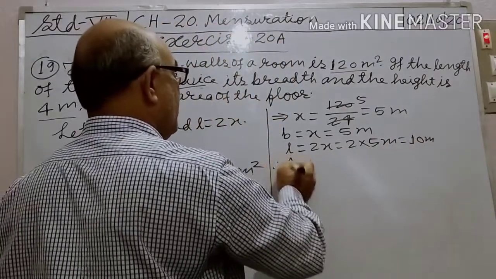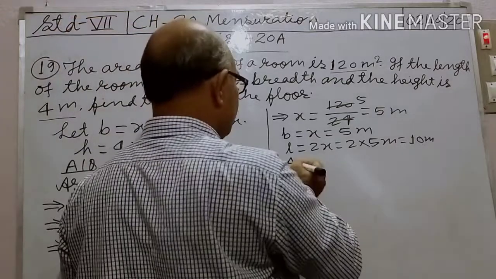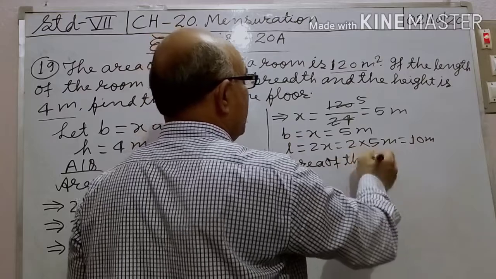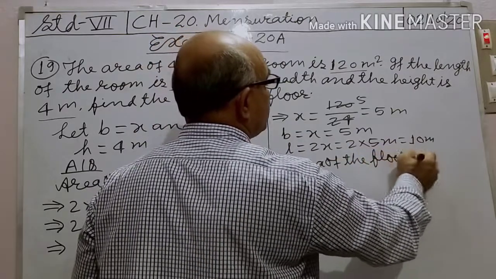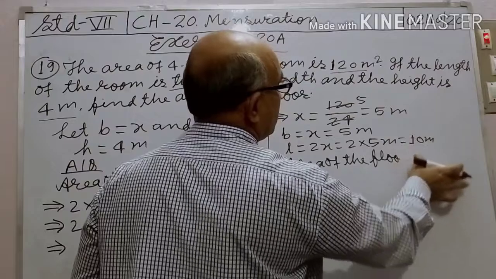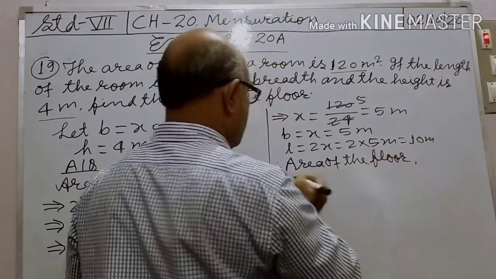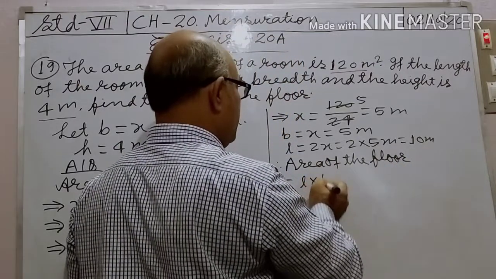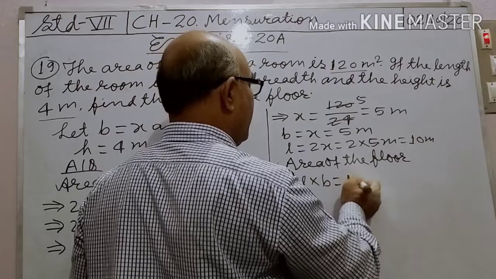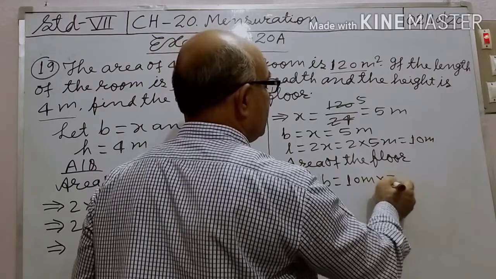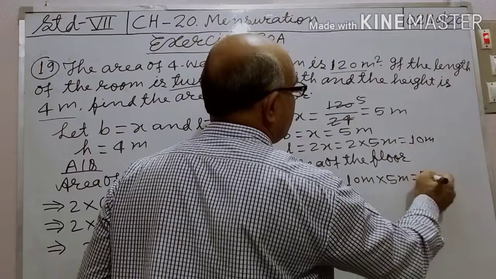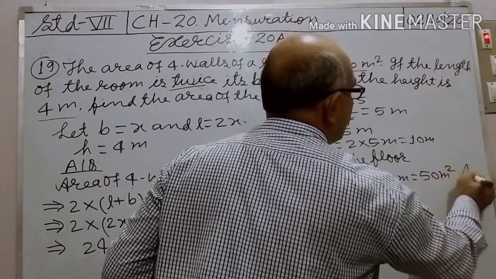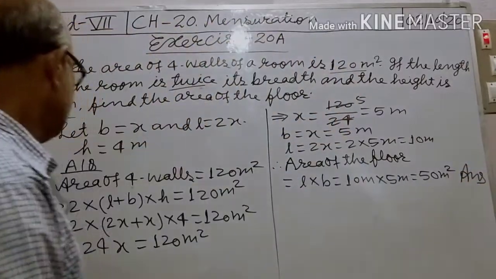Therefore area of the floor equal to L into B equal to 10 meter into 5 meter equal to 50 meter square is the answer.